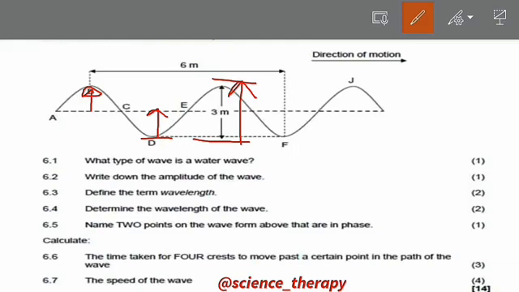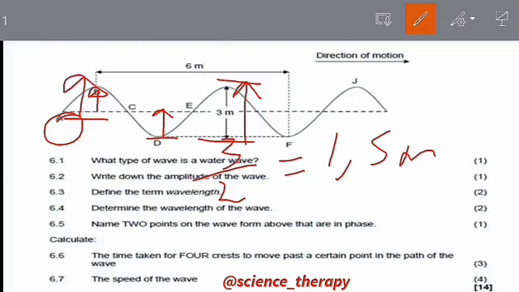That means for our amplitude we have 3 divided by 2 equal to 1.5 meters. Why is it 1.5 meters? Because remember, the amplitude is the maximum displacement from rest position. So all the way from that 0 position up to the crest.